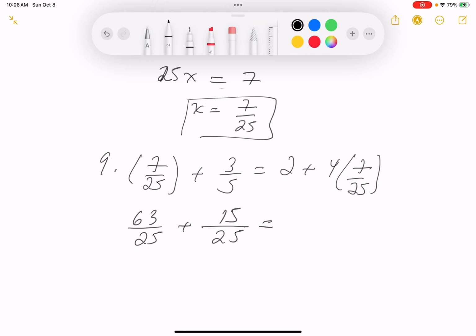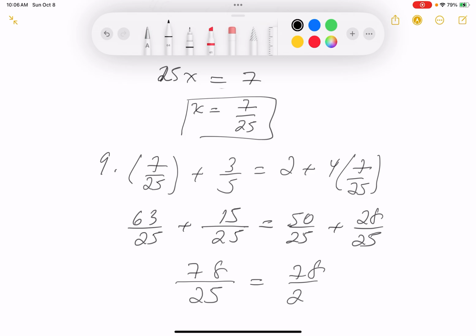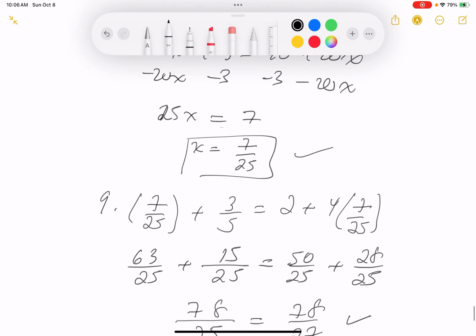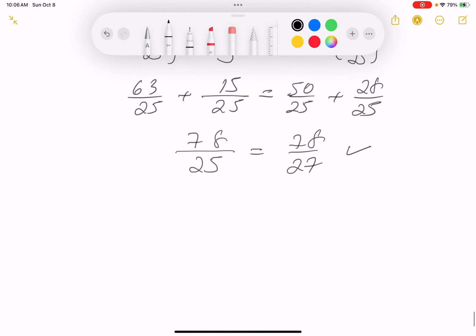I want to make the 2 in terms of 25ths. That's going to be 50 25ths. And 7 times 4 is 28. 63 and 15 is going to be 78 25ths. 50 and 28 is 78 25ths. So there's a point to checking to make sure you're getting the right answer. That was number 60. We'll take a break and we'll come back.